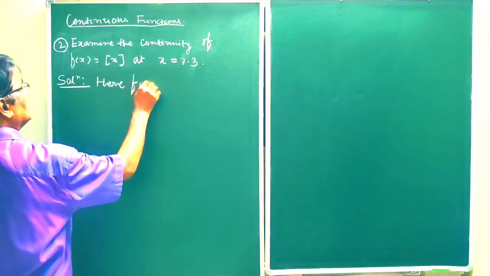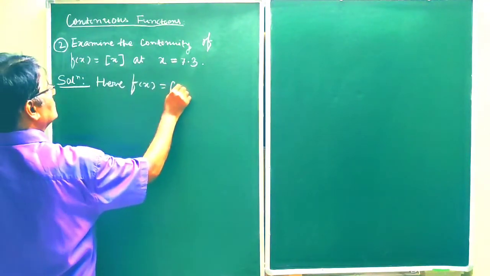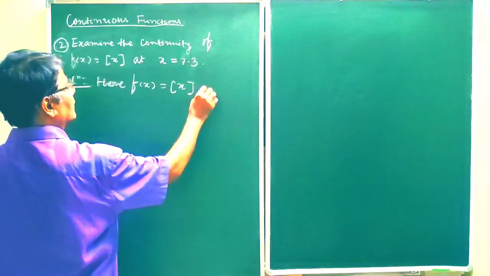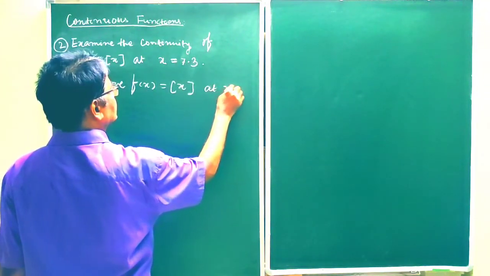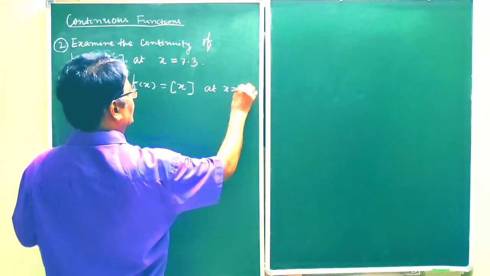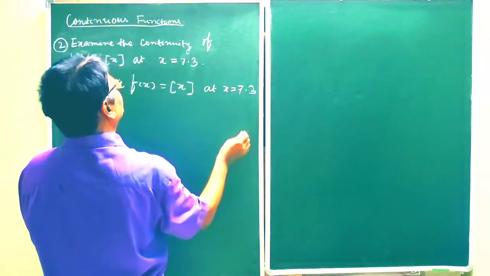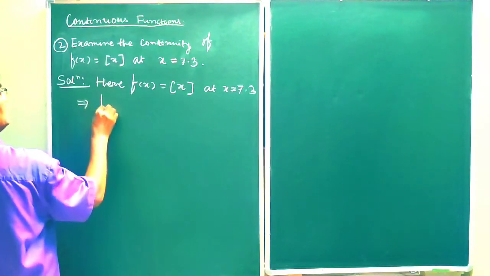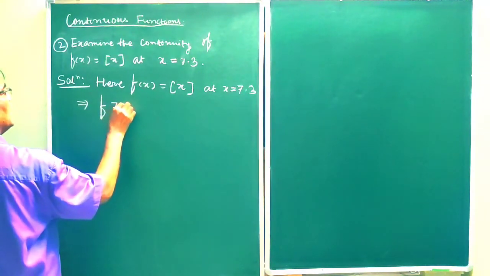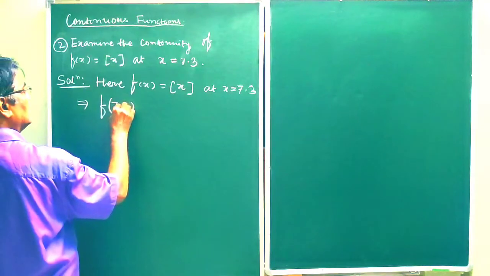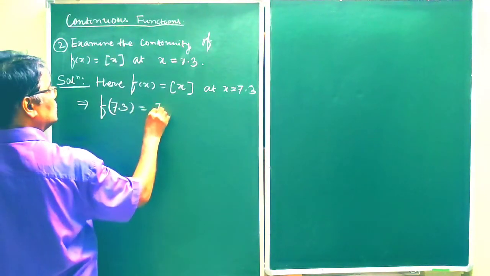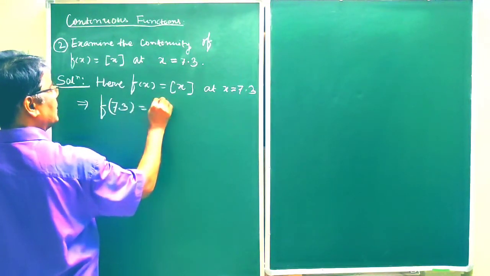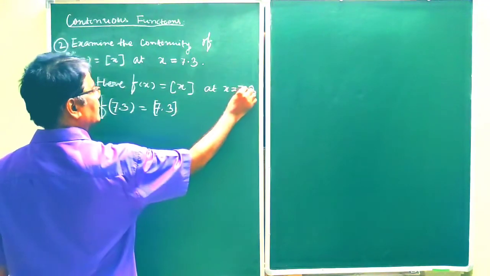Here f(x) = [x] at x = 7.3 implies f(7.3) = [7.3].